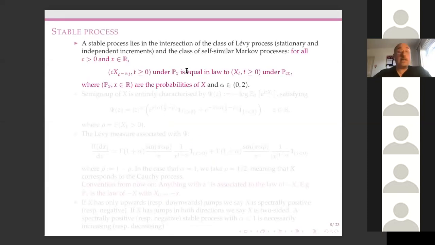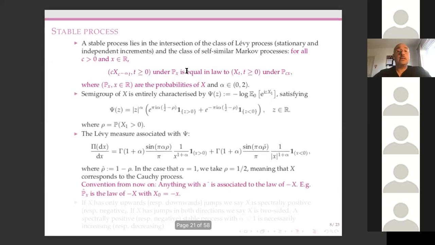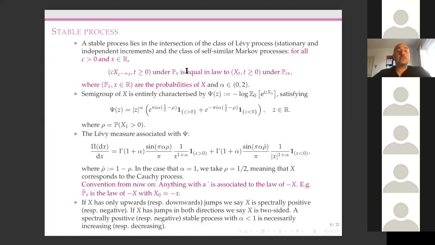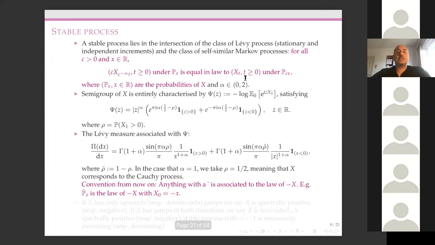Okay, so let me be clear about what I mean by a stable process, because different people understand different things. So this is a rather full slide. By a stable process, I mean a Markov self-similar Markov process, which is also a Lévy process in one dimension, of course, always one dimension. And it has a scaling property, being a self-similar Markov process.